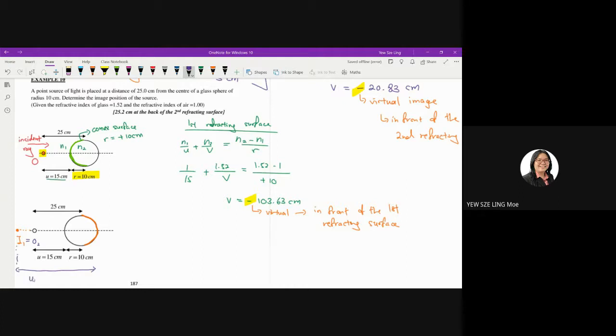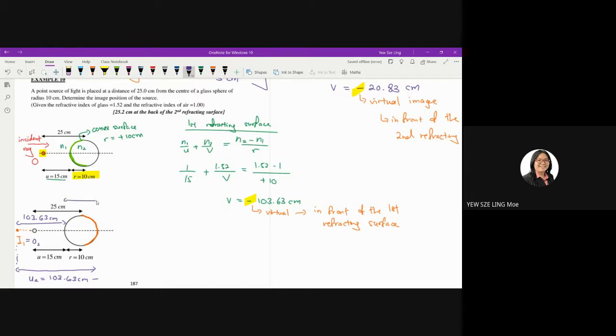My U2 equals V, from here to here, which is 103.63 cm, plus the diameter of the glass sphere.